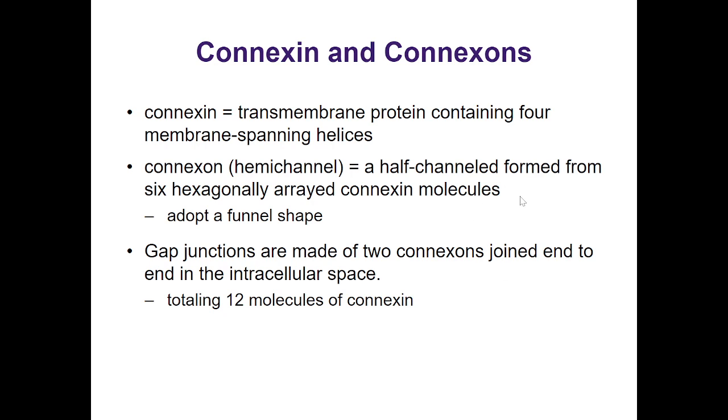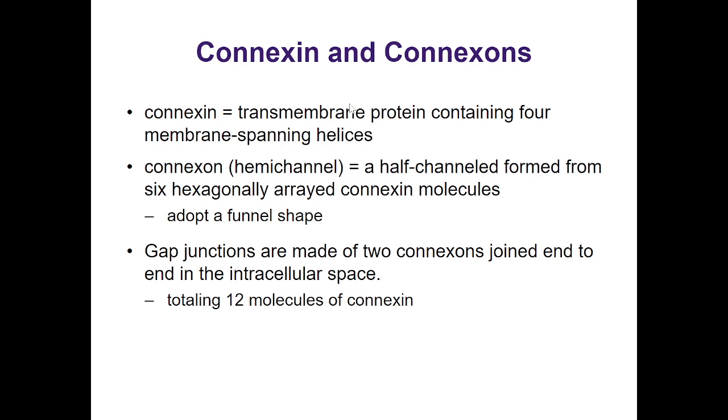And so the hemichannels, or connexons, connexon versus connexin. Okay? Connexon being the half one, the half channel formed from 6 hexagonally arrayed connexin molecules. So again, connexin, that's the transmembrane protein.